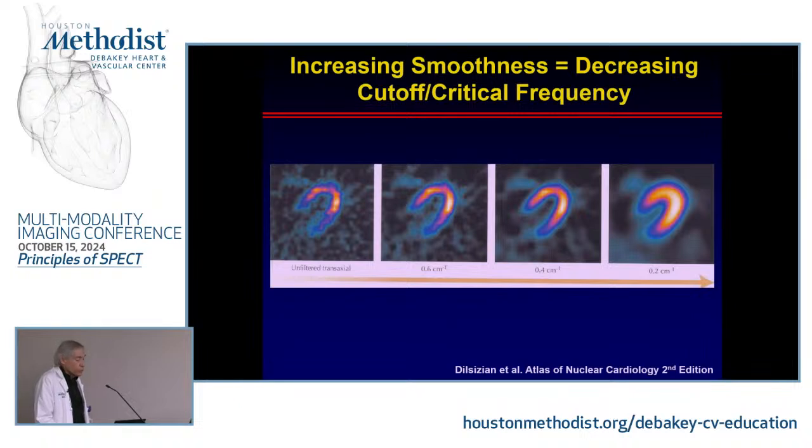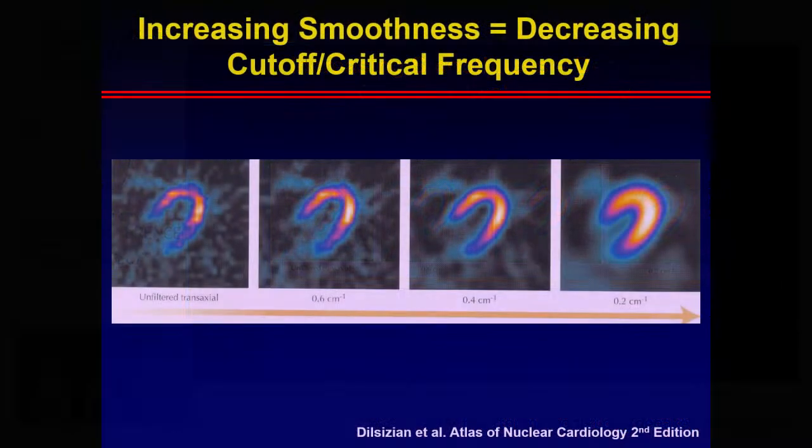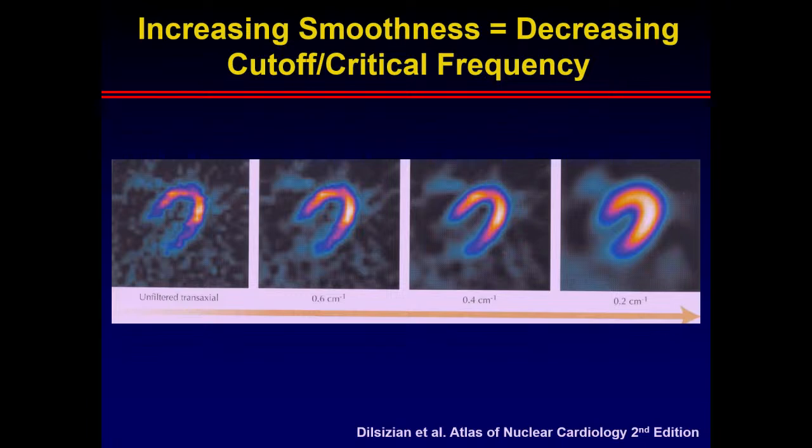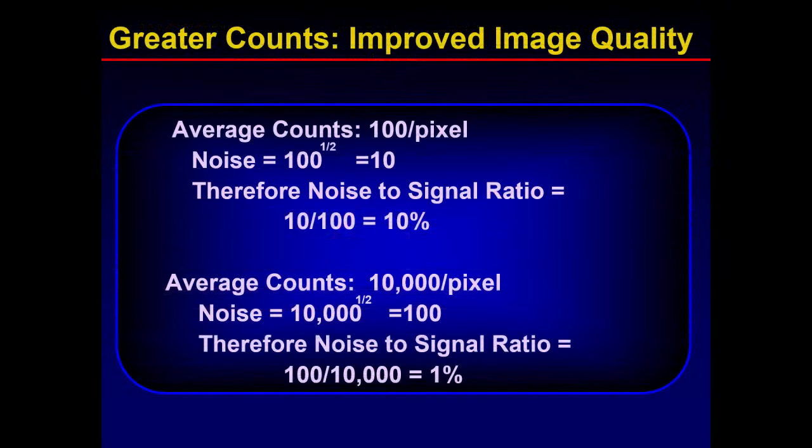And so we use different filter cutoffs, and you can see that in this particular image on the left, we basically have an unfiltered image. And as you can see, as we go from left to right, we've taken out more and more high frequencies, and you can see that the image becomes more and more blurred. And somewhere in between there is going to be an optimal view of an image in terms of what we would like to see pleasing when we interpret.